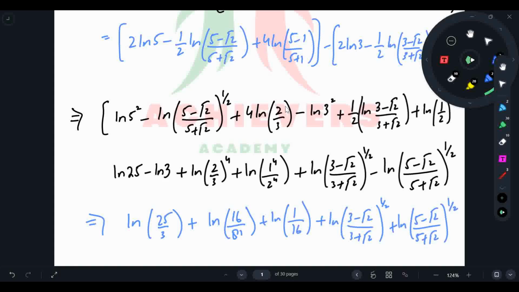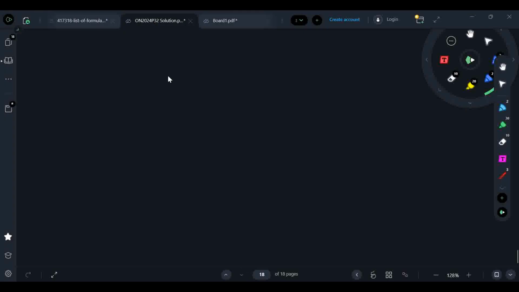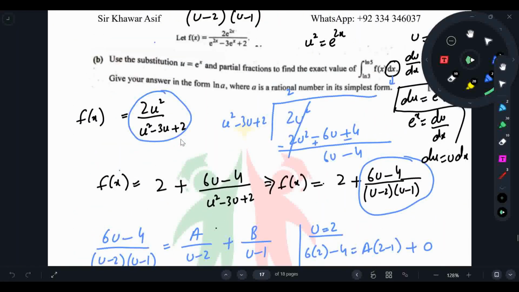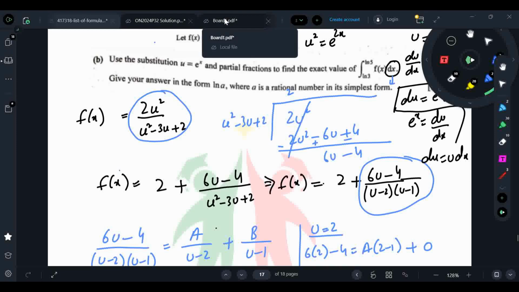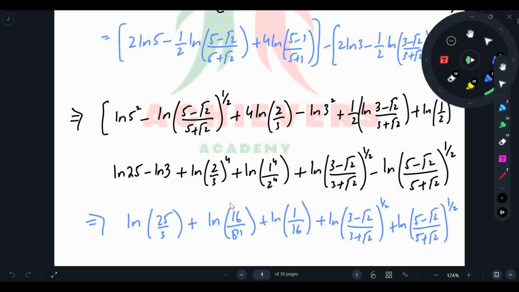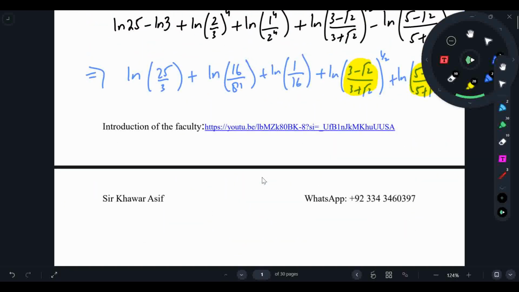Now as it was given in the question that we give the answer in the form natural log of a, where a is a rational number in its simplest form, it means that we can ignore this portion because this one is not a rational number. This one is an irrational number because of the square root of 2.